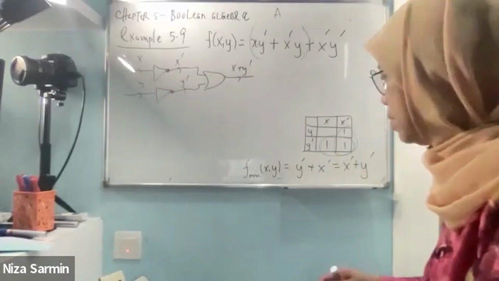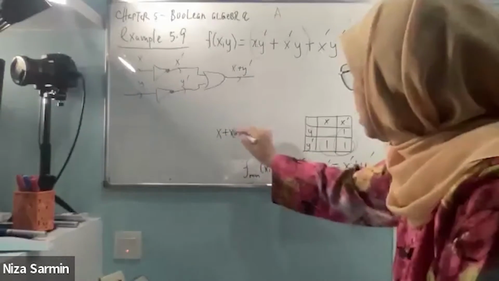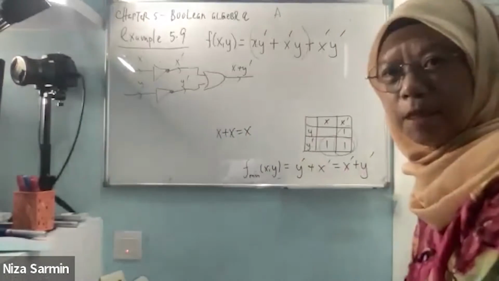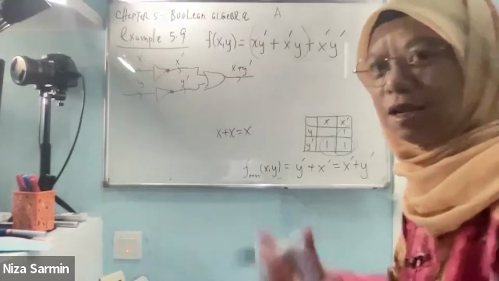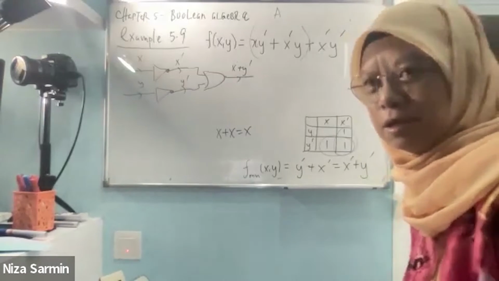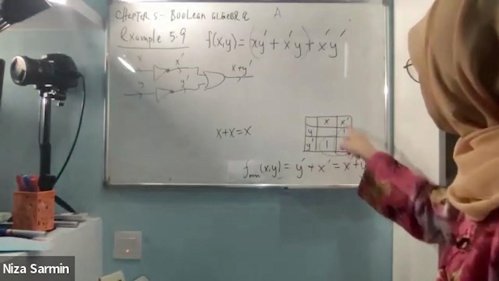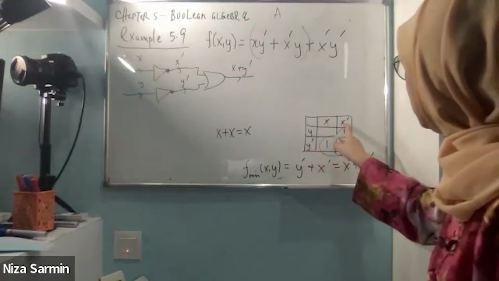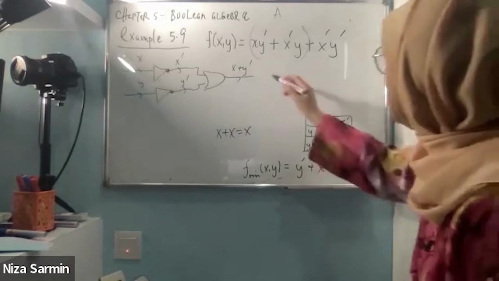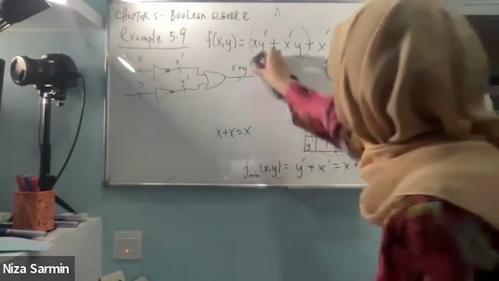Okay, you remember X plus X is X in the idempotent, yeah? X plus X is X. So even if you add another one, it is still the same. So what we want to add is X prime, Y prime. We have to add another X prime and Y prime. So let me erase this first.